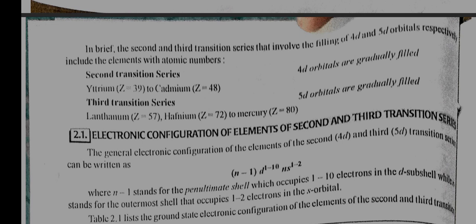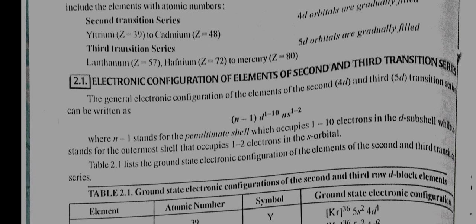Electronic configuration of elements of second and third transition series. The general electronic configuration of the elements of second and third transition series can be written as (n-1)d 1 to 10 ns 1 to 2. Here n-1 stands for the penultimate shell, which occupies 1 to 10 electrons in the d subshell, while n stands for the outermost shell that occupies 1 to 2 electrons in the s orbital.